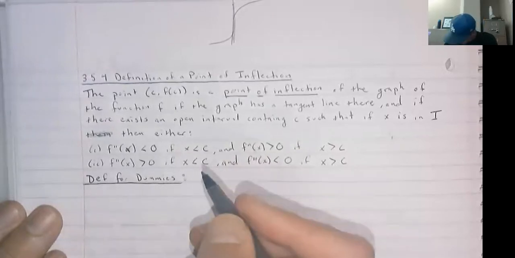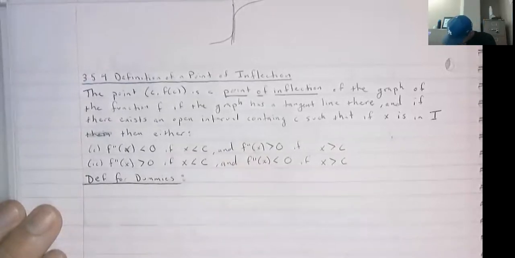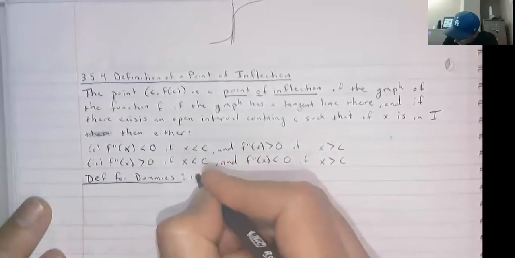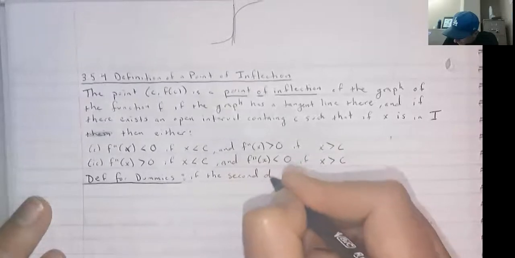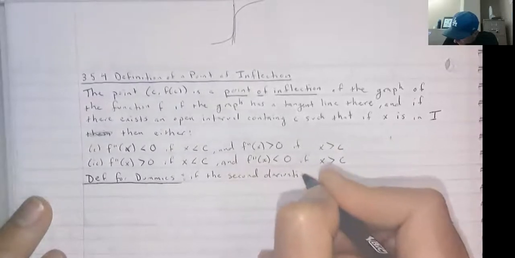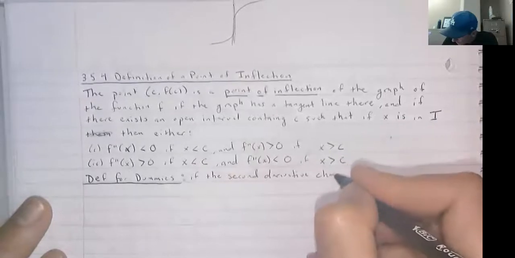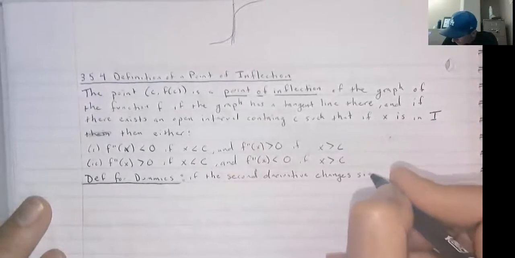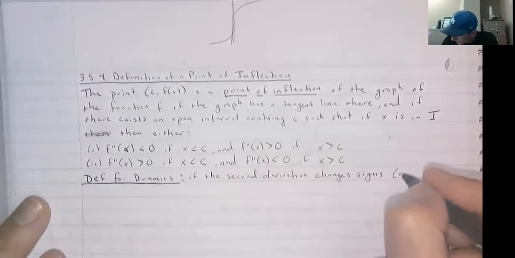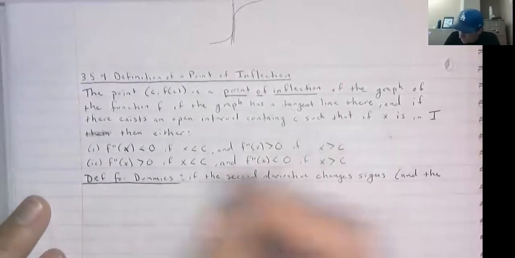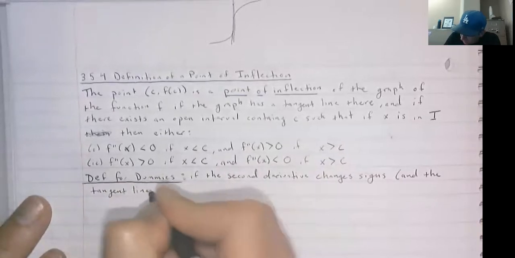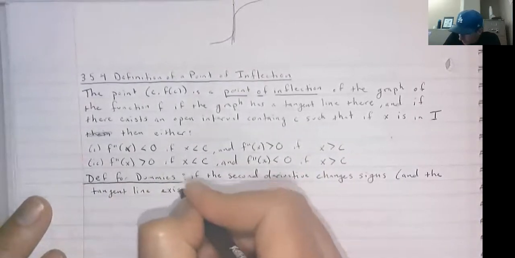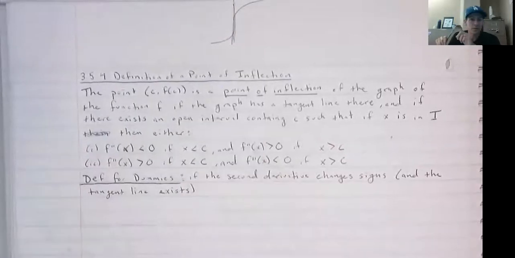And that's what our definition for dummies is going to say. Definition for dummies says, if the second derivative changes signs, and the tangent line exists, which again means that if it's like a cusp situation, even if it's changing concavity, it's not a point of inflection.